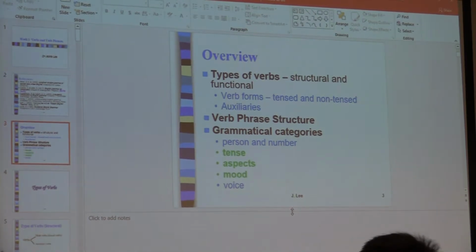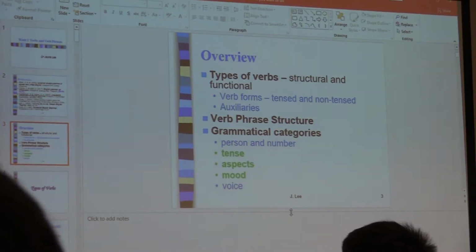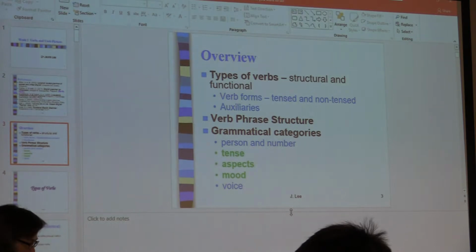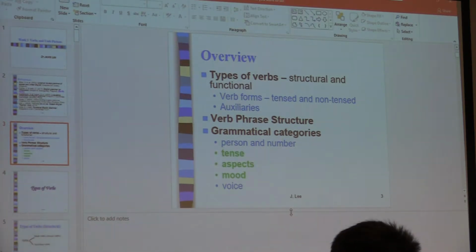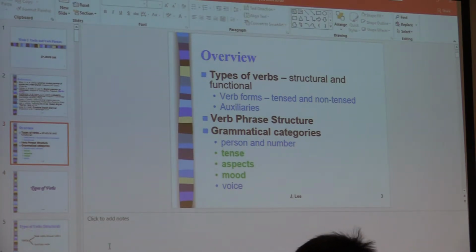Okay, now before we look at word phrase structure, I know there is an exercise on modal auxiliaries. Remember, there are different kinds of meanings that can be associated with modal auxiliaries.